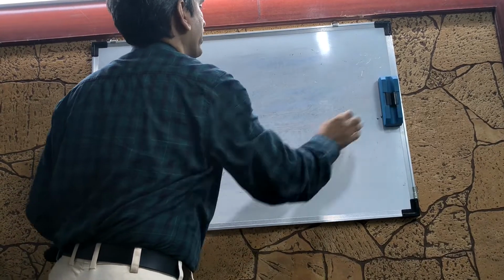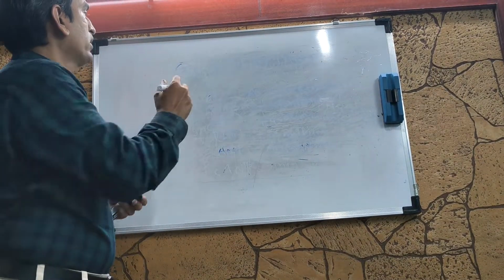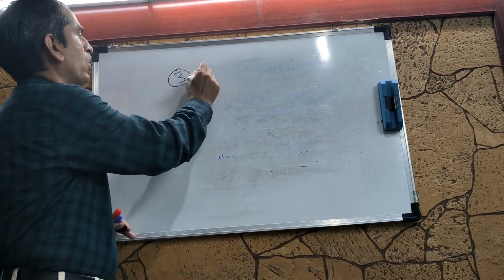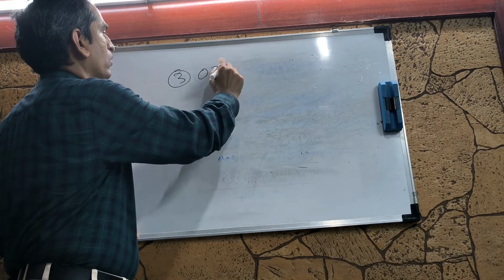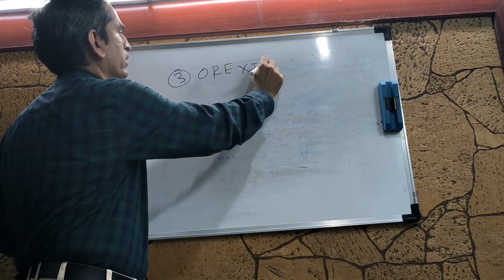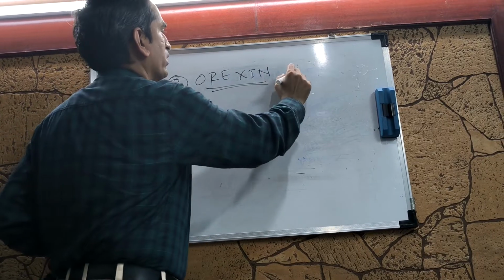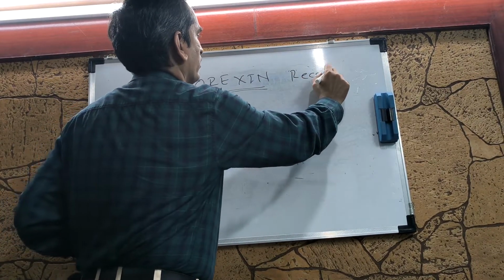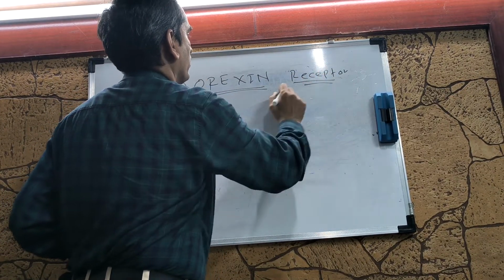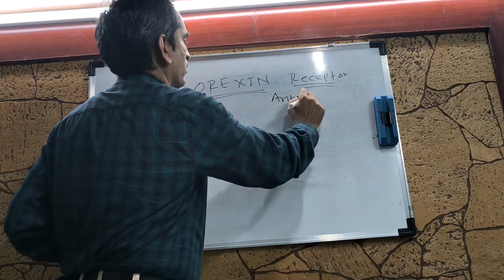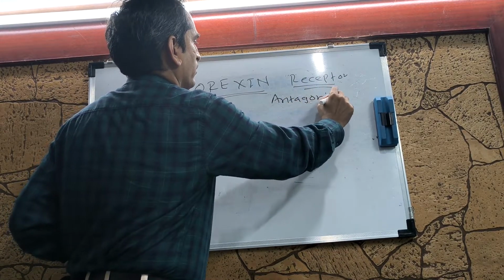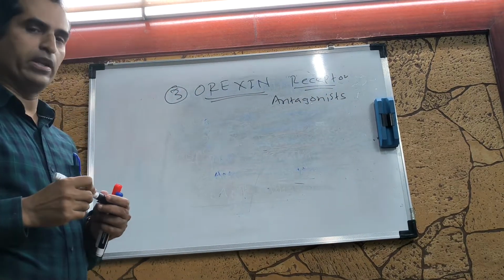The third example that I will discuss is a category of drugs called orexin receptor antagonists.